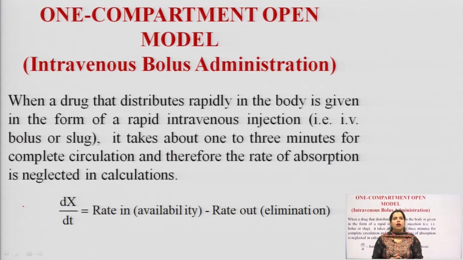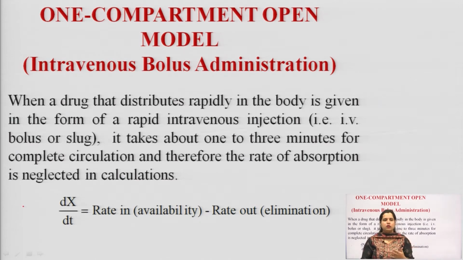When a drug that distributes rapidly in the body is given as a rapid intravenous injection, that is IV bolus or slug, it takes about 1 to 3 minutes for complete circulation and therefore, the rate of absorption is neglected in calculations.